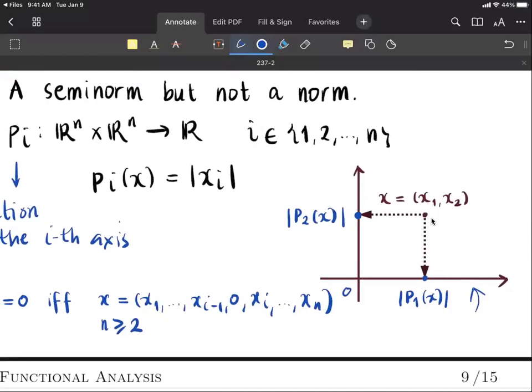Or if you are located on the y-axis, okay? So if you project any point on the y-axis here, the projection would be 0. But those vectors are non-zero. Okay. So this is a seminorm, but not a norm.